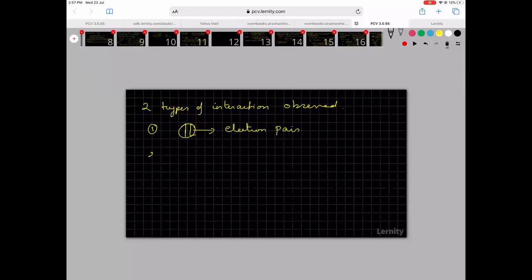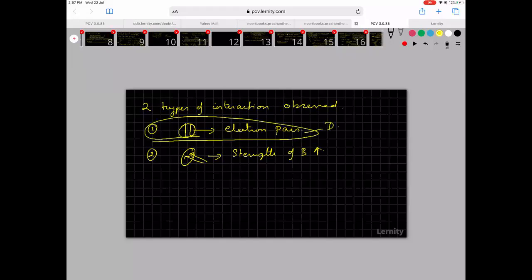Then in the second case, they rotate in the same direction, they have parallel magnetic moments. If they have parallel magnetic moments, then the strength of the magnetic field increases.